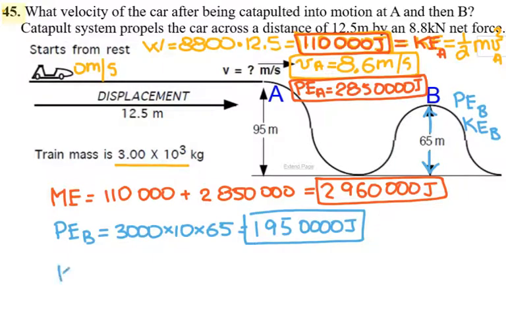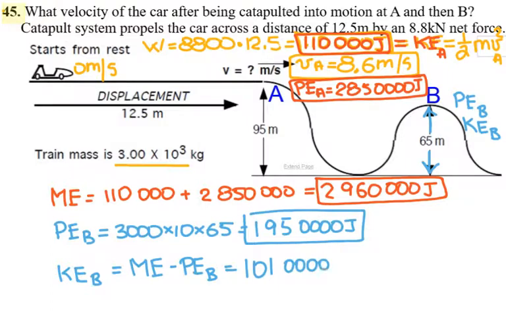So to find the kinetic energy at B, I subtract from the mechanical energy, the total energy of the system, my potential energy at B. And that will give me 101 and 4 zeros joules of energy.